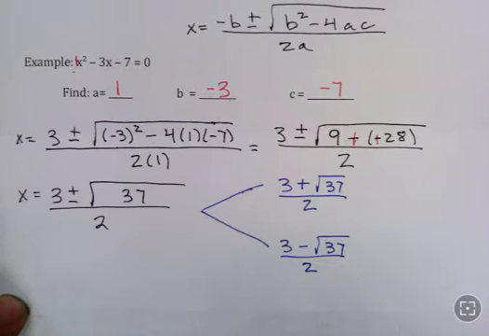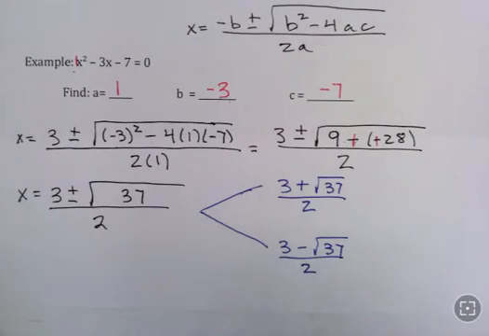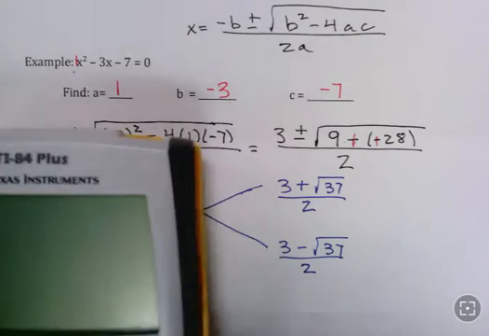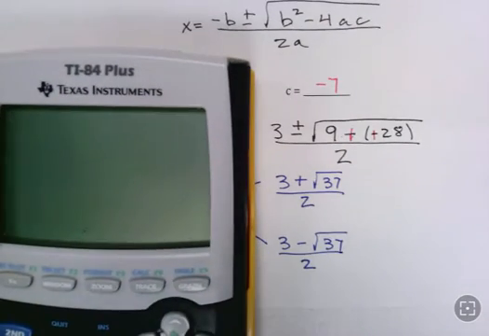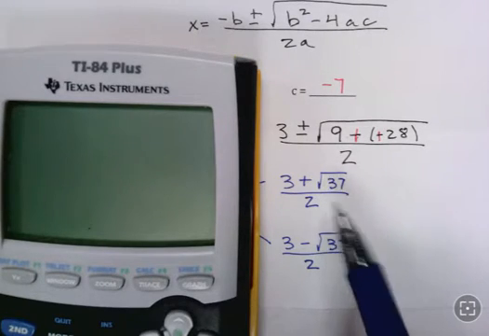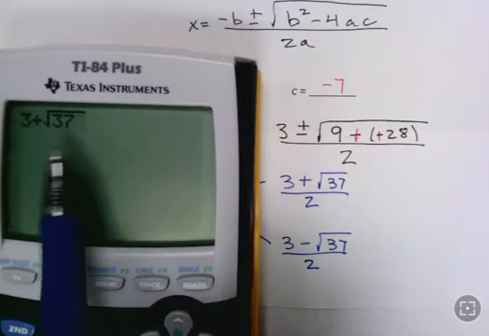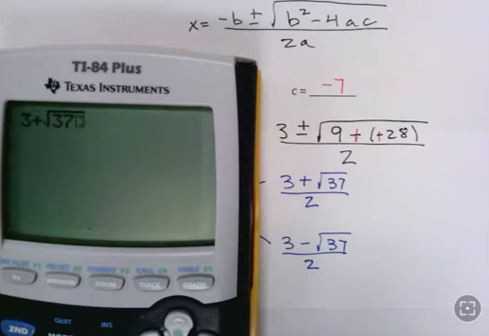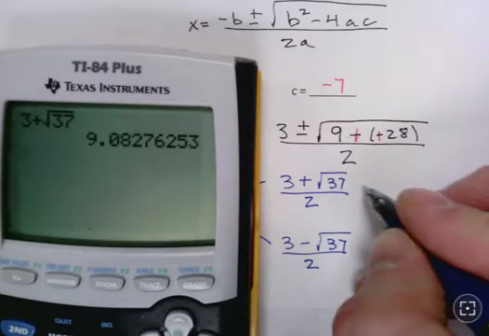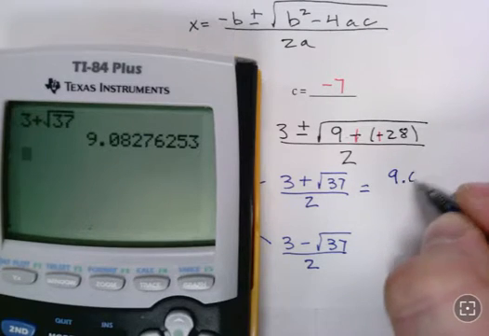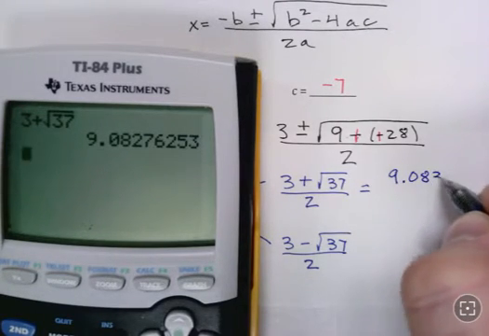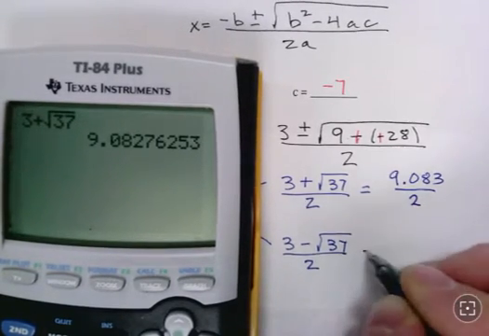Those would be a satisfactory answer, but you might want to put them as a decimal. So if I use my calculator, 3 plus the square root of 37, similar to the warm-up that you did today. Now your calculator might be a little bit different, but if you do this, you should get 9.083 if we were to round, and that's got to be divided by 2 still.